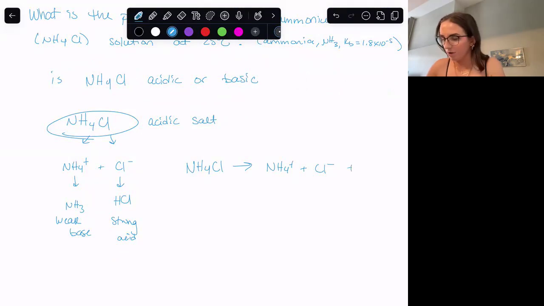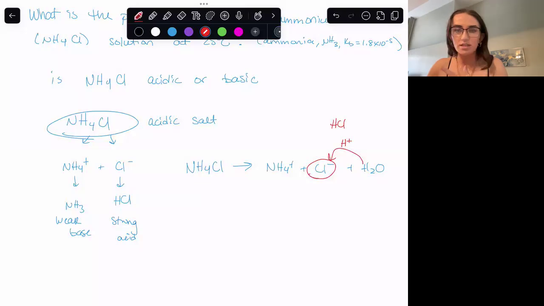We know water is in our solution. Cl minus is not going to do anything with water. If water transferred an ion, we would get HCl, and that would just dissociate again into H plus and Cl minus, so it just stays as chloride.